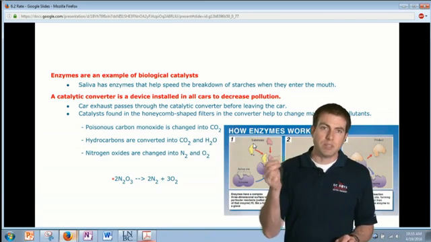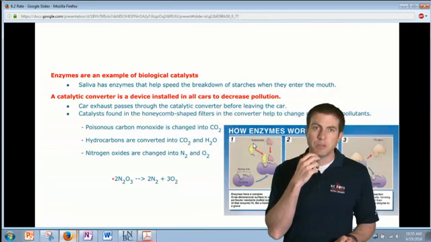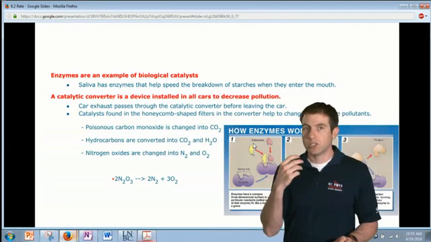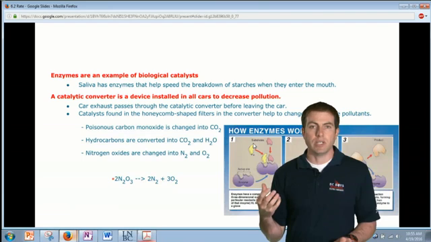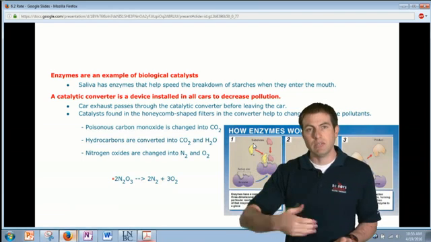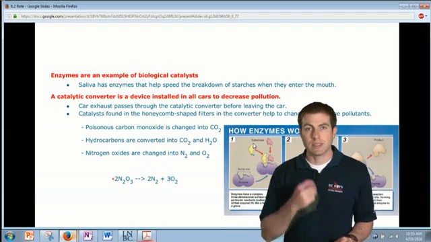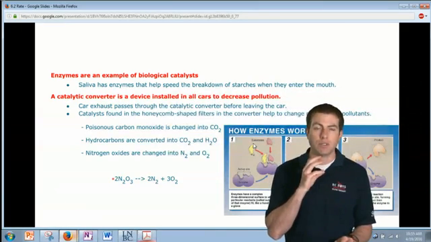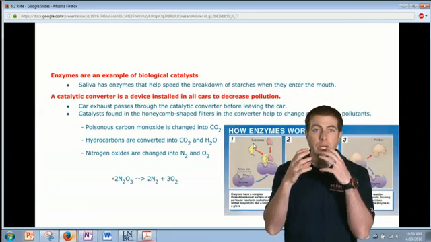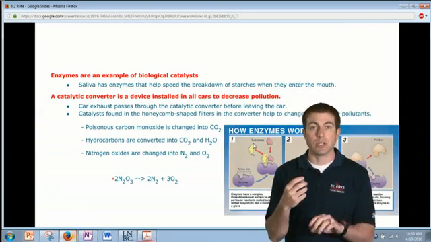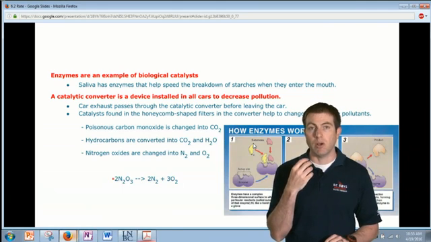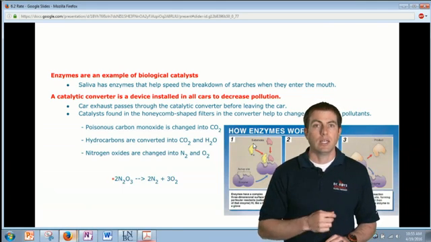So if you were to take a piece of bread without chewing it, you just put it in your mouth and leave it there. When you initially put the bread in your mouth, it's not very sweet. But if you were to leave it for several minutes, the salivary amylase that your mouth is producing starts to break down those really big carbohydrates into sugars. So the bread that's just sitting in your mouth will actually become sweet.